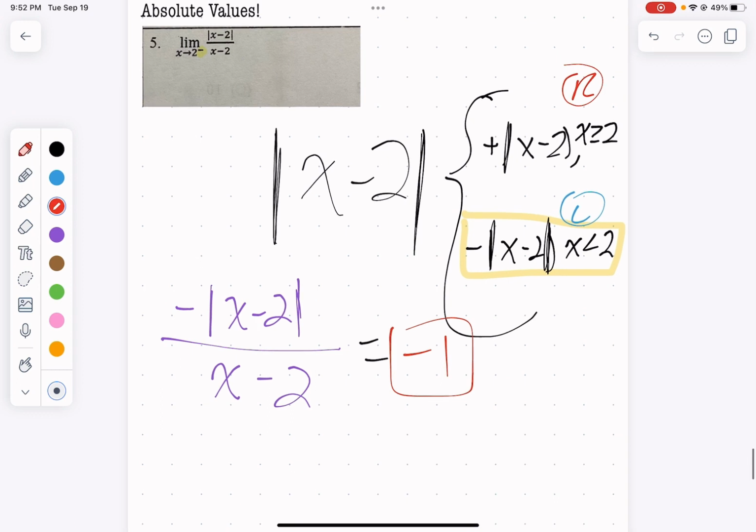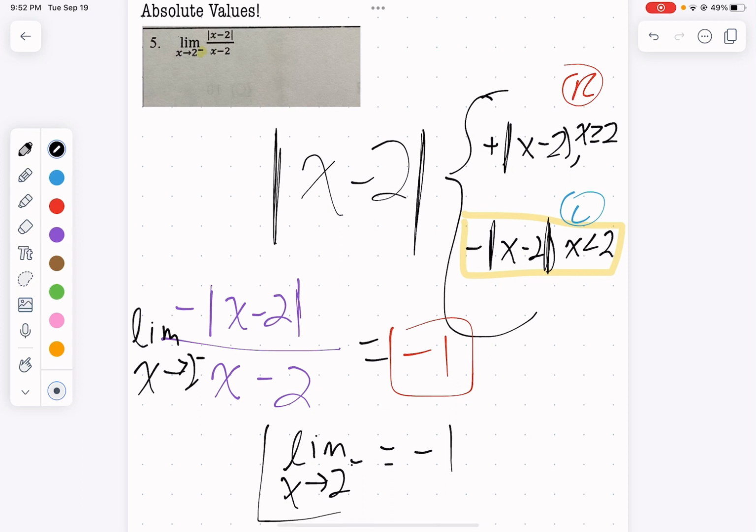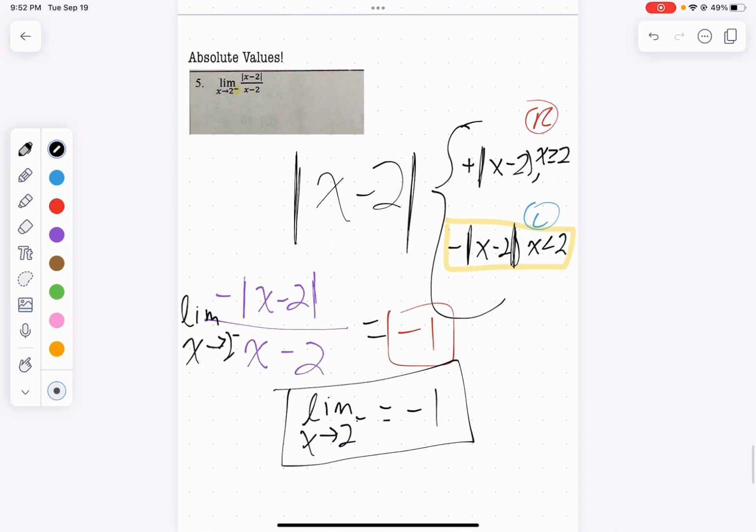Let's write this out fully, guys. So the limit as x approaches 2 from the left is negative 1, and that will be your final answer. That's it for 1.9. Thank you.